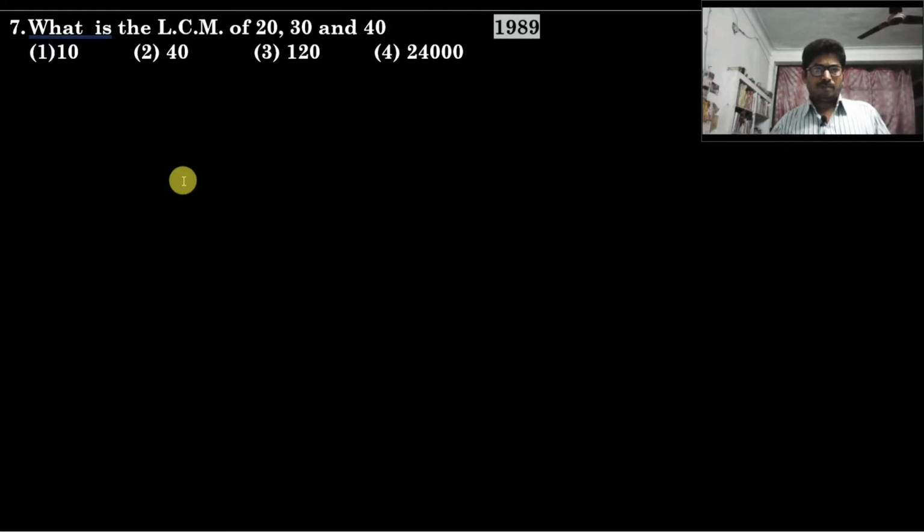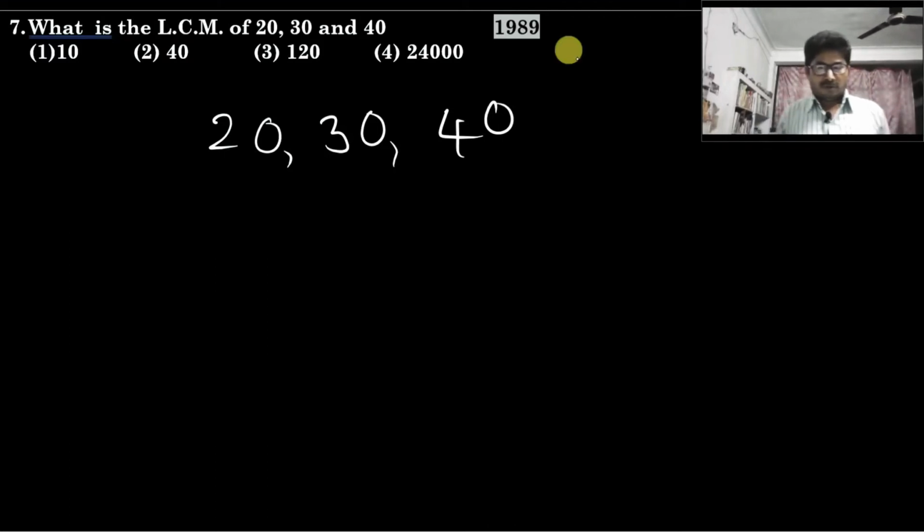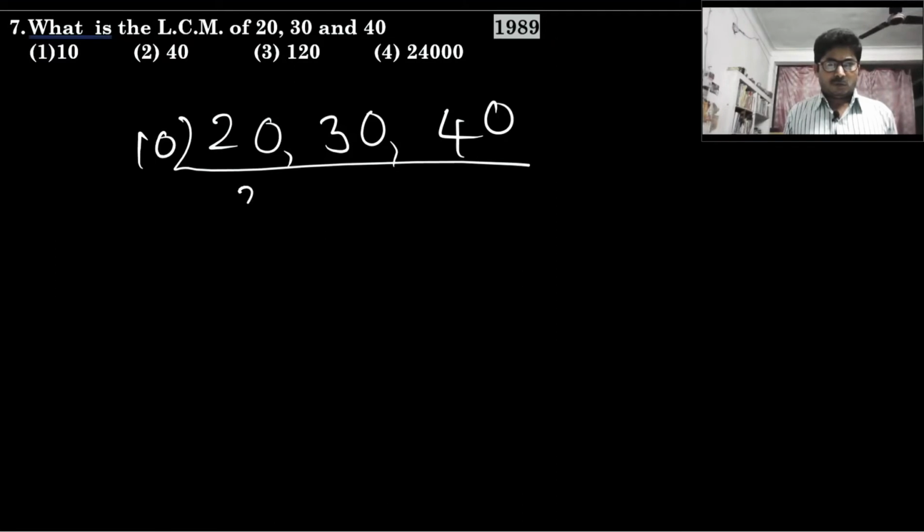Seventh question. What is the LCM of 20, 30 and 40? So we have to find the LCM of 20, 30, 40. If there are zeros in all the numbers, we can take 10 as divisor. 10 2s, 10 3s, 10 4s.